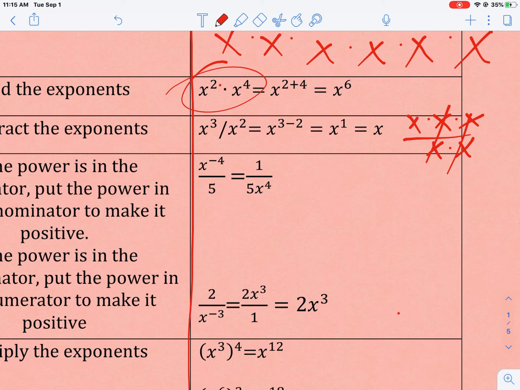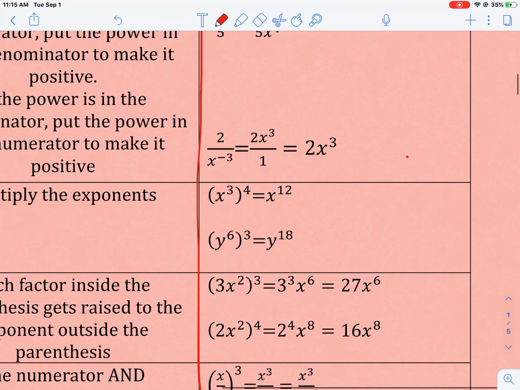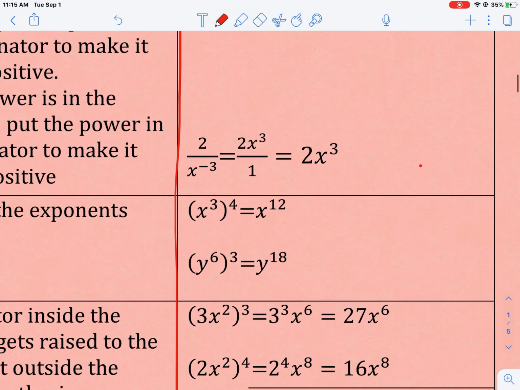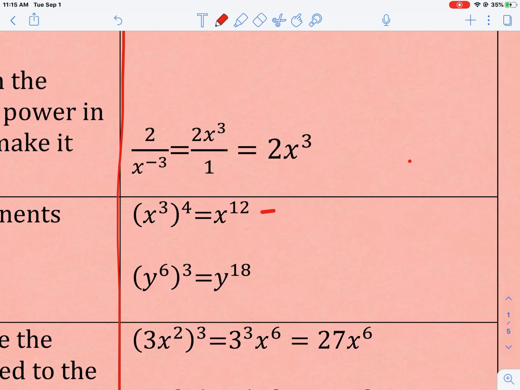Now, for the negative exponents, it's going to be a little more confusing, but a negative power in the numerator goes to the denominator, and a negative power in the denominator goes to the numerator. That's basically it. Now, when you have a power of a power, you're just going to look and say, this is x to the third 4 different times: x to the third, x to the third, x to the third, x to the third.